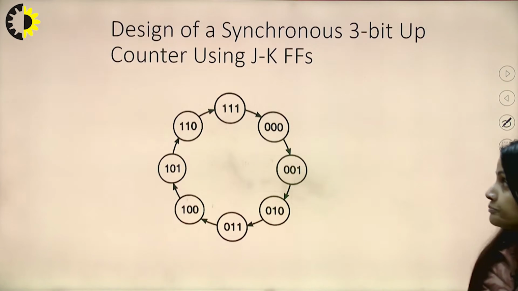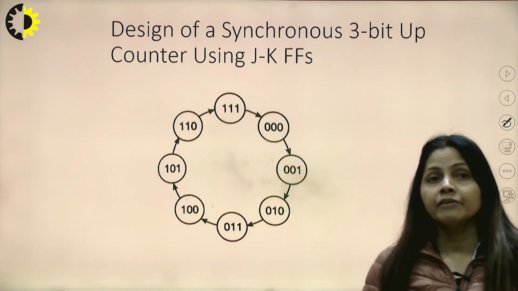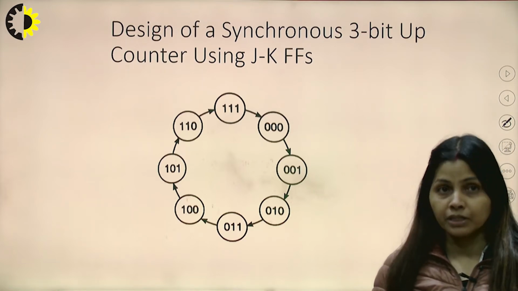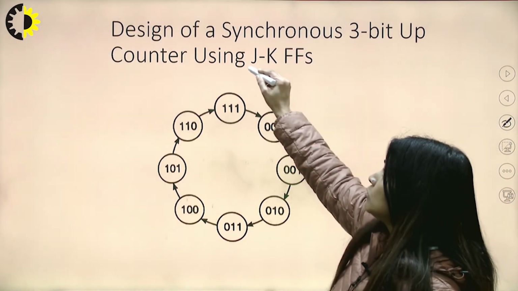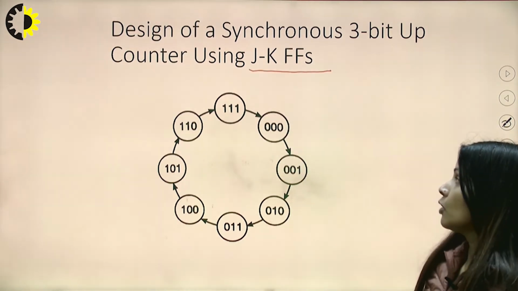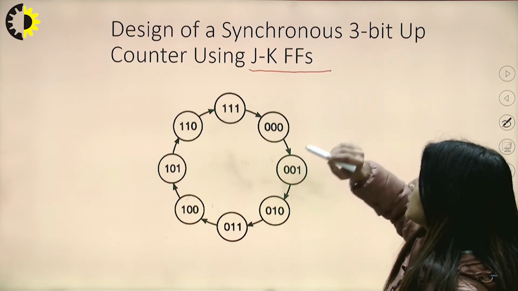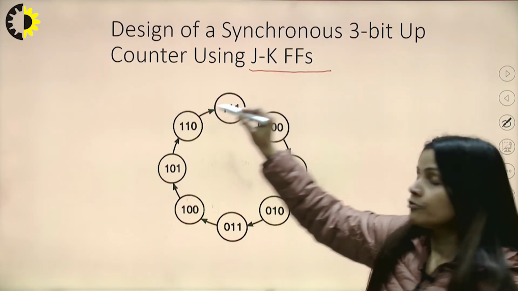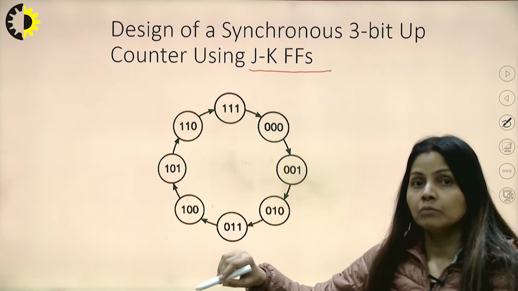So here let us suppose we have an example that we need to design a synchronous 3-bit up counter using the JK flip flop. Since it is a 3-bit up counter, first of all we will make the state model.